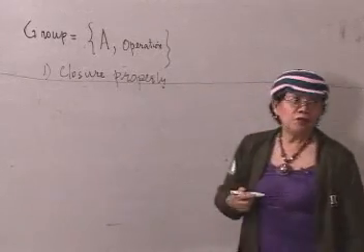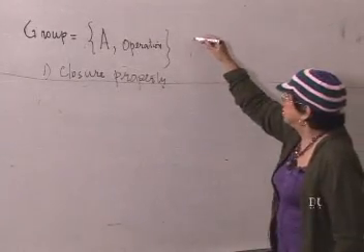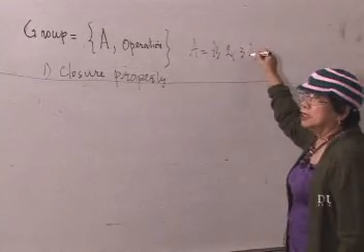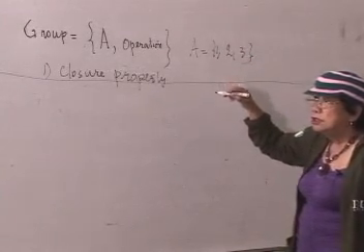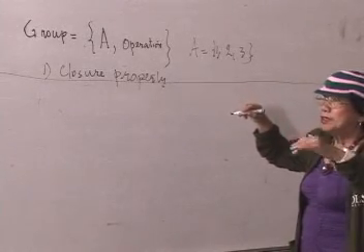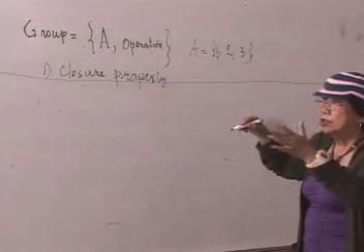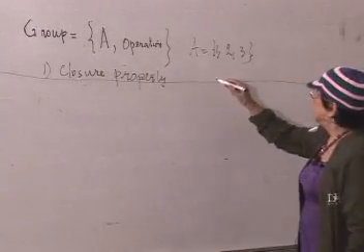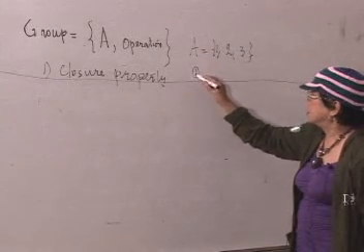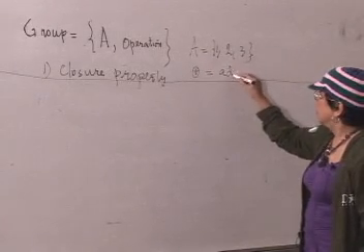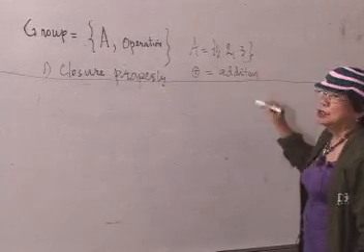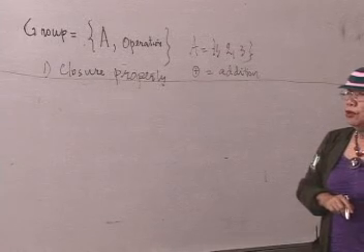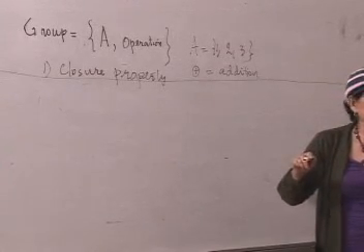So if the table is given, assuming for instance that your set A is 1, 2, 3, I guess, and the operation is addition. The operation was not specified, but it's just addition of numbers. There are 4 elements, so this is modulo what?